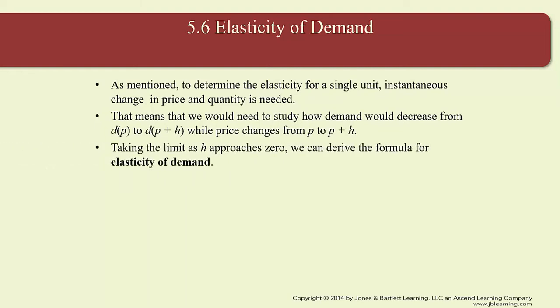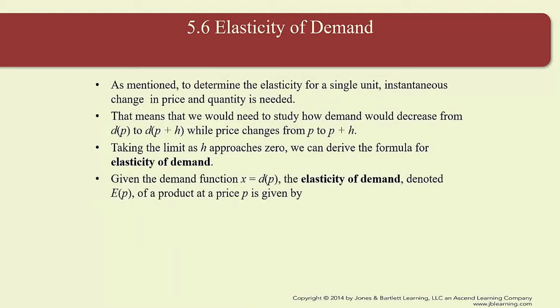And if we take the limit as h approaches 0, that allows us to derive the formula for elasticity of demand. You can read that in your book. So here we go. This is the definition for elasticity of demand.